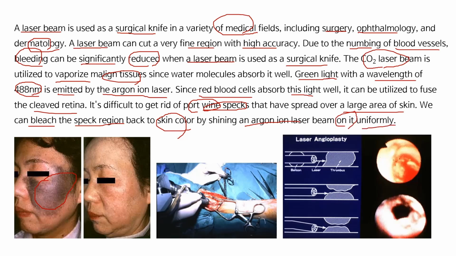We can also use the laser as a surgical knife, and we can also get rid of a clot in the vein, to let the blood flow through the vein.